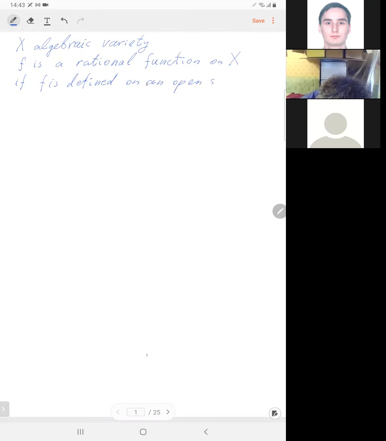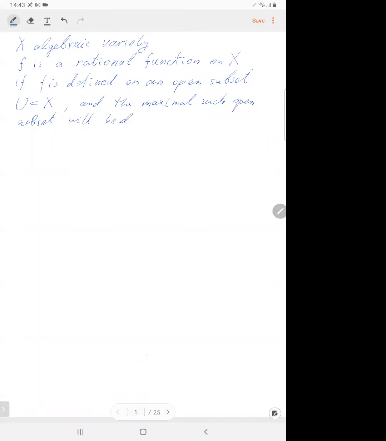So f is a rational function on X if f is defined on an open subset, say U, and the maximal such open subset will be denoted df.